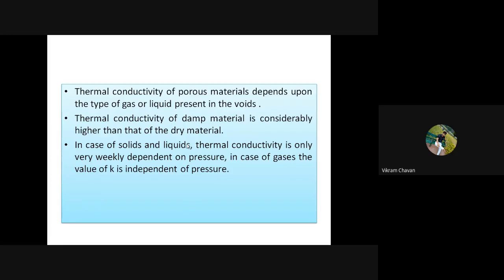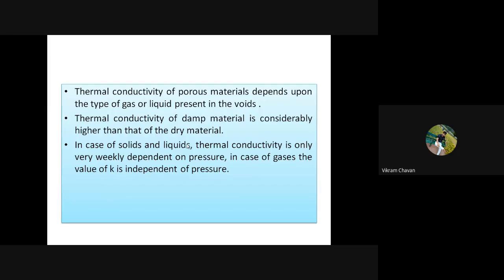So in case of solids and liquids, thermal conductivity is only very weakly dependent on pressure.